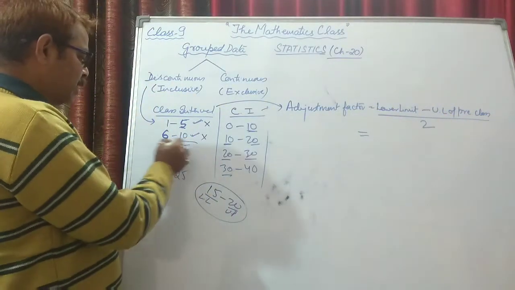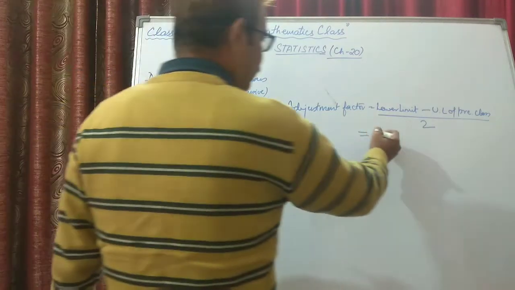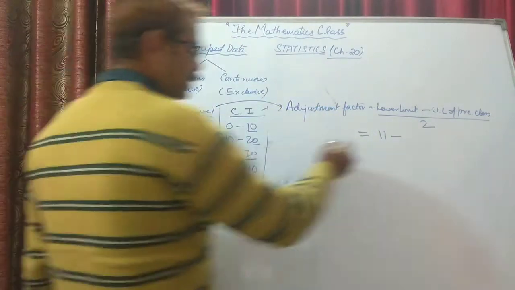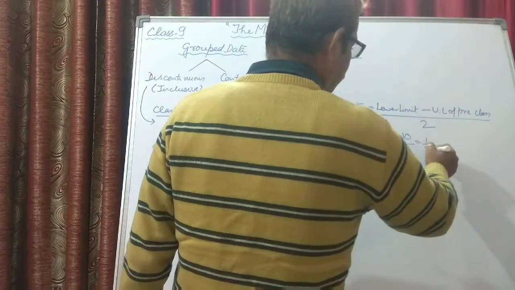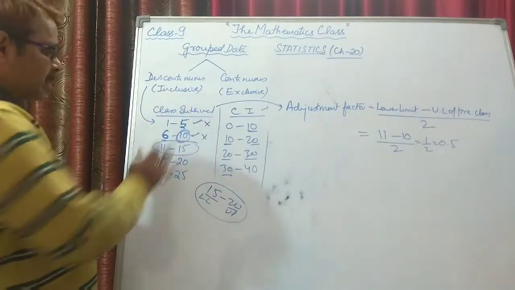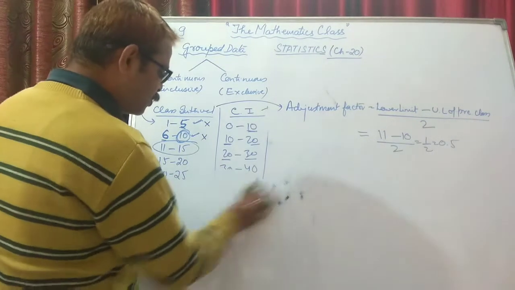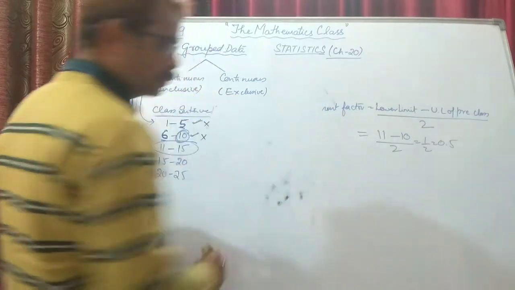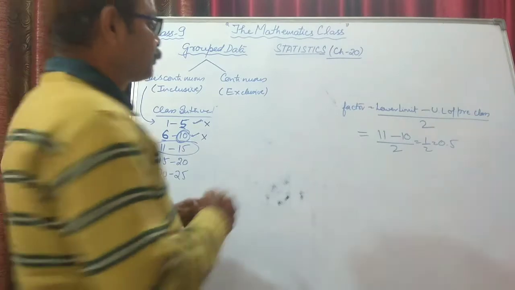Suppose I talk about the class 11 to 15. The lower limit is 11 and the upper limit of the previous class is 10. So 11 minus 10 upon 2, that is 1 upon 2, or 0.5. It means to make this class interval continuous, we are going to add and subtract.